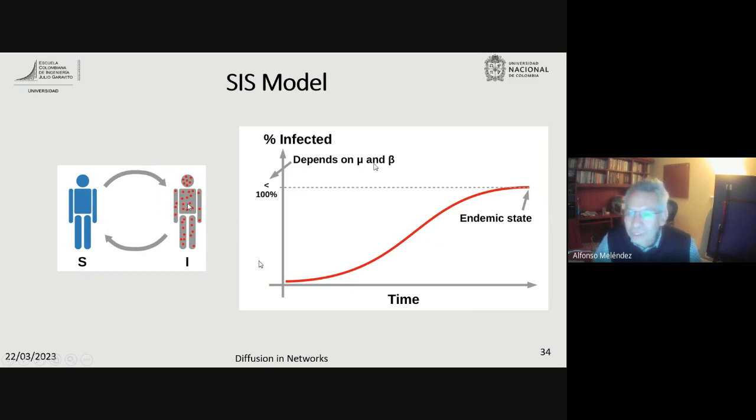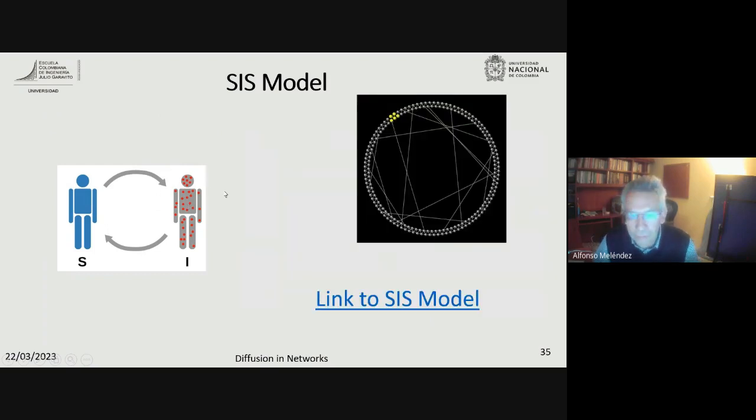And when you play with these two parameters, you get different curves, different types of infection. Okay, let me show you first a very beautiful model of how an SIS model develops in a small-world network. Look at that. Look.